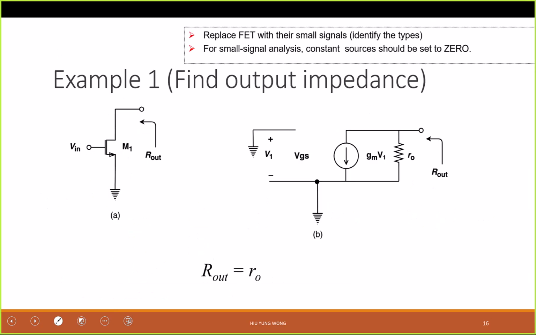Let's try some example. Can you tell me what is the output impedance of this circuit on the left? How do I find the output impedance? Well, just by definition, right? What is the definition of output impedance we just said?